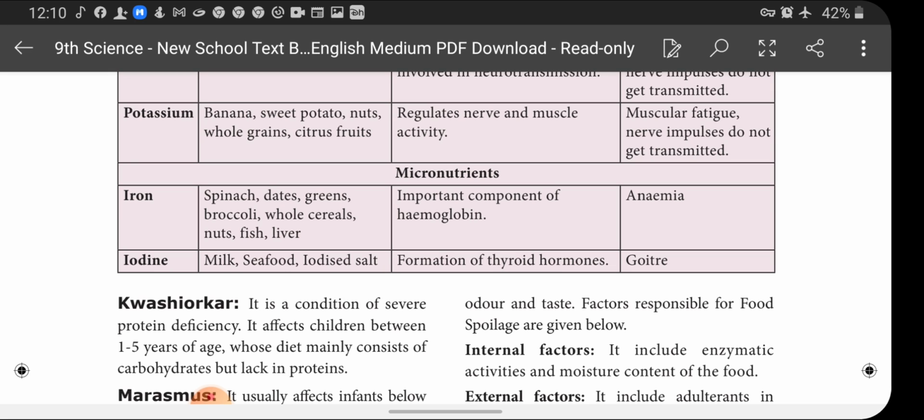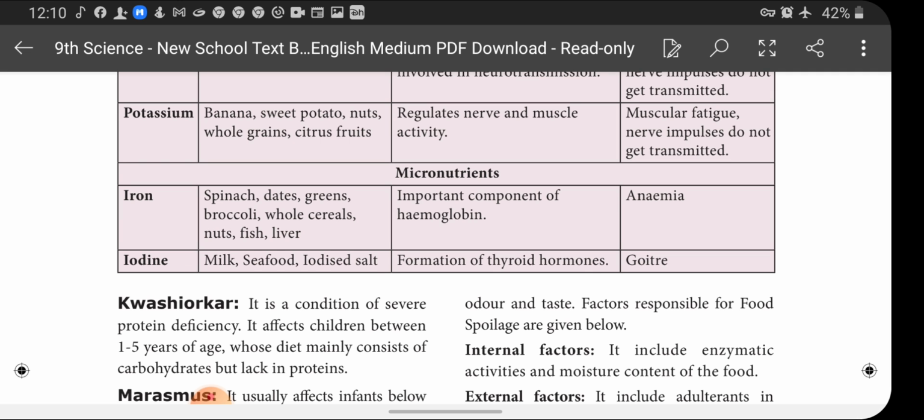And iodine is present more in milk, seafood, and iodized salt, and its function is formation of thyroid hormone. Its deficiency disease is goiter.